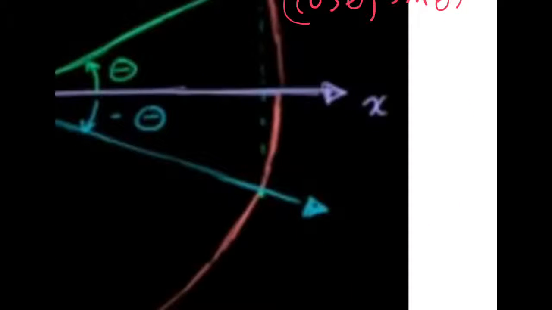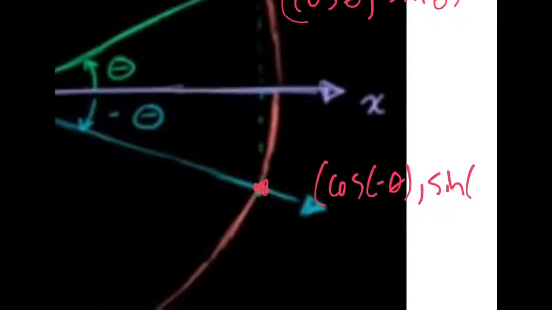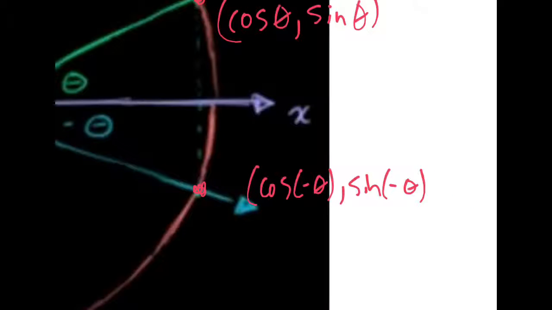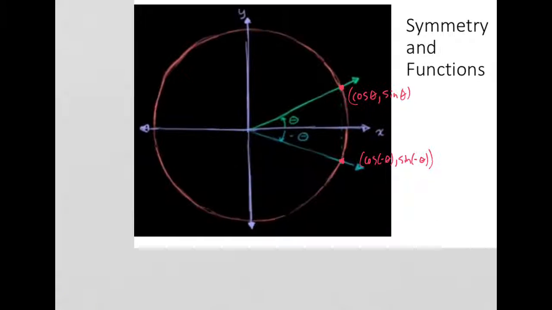And down here, this point will be the cosine of negative theta and the sine of negative theta as well. All we're doing is using the fact that cosine is x and sine is y. But think about the symmetry. How do these 2 points compare? How does this y value compare to that y value?